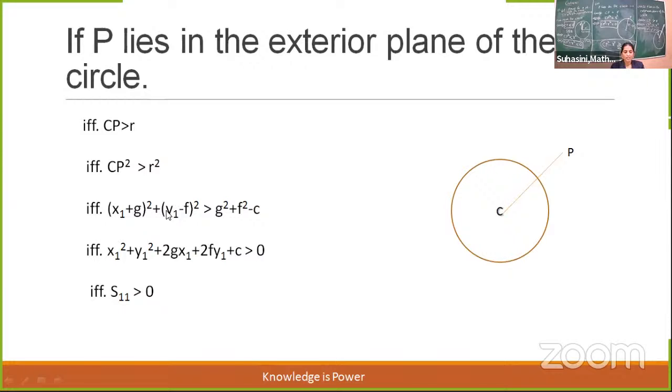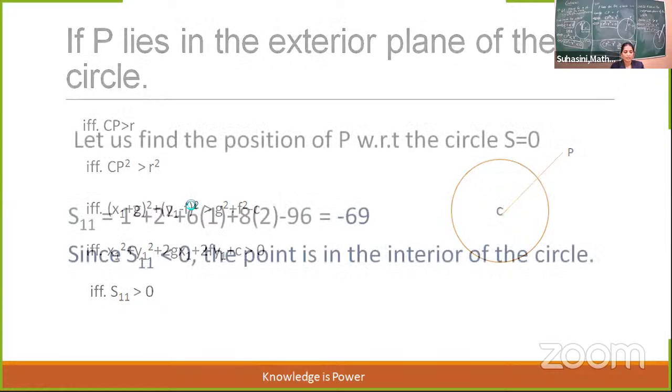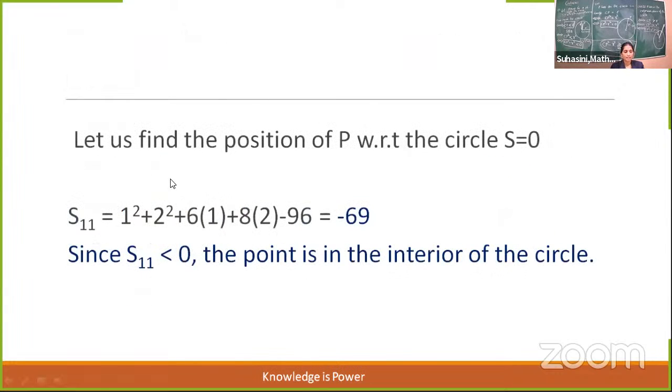So (x1 plus g) whole square plus (y1 plus f) whole square is greater than g square plus f square minus c. Therefore, the simplification will come out to be S11 is greater than 0. Children, please ignore the sign here. It is a typing error when we are preparing for DTP, a problem in editing.